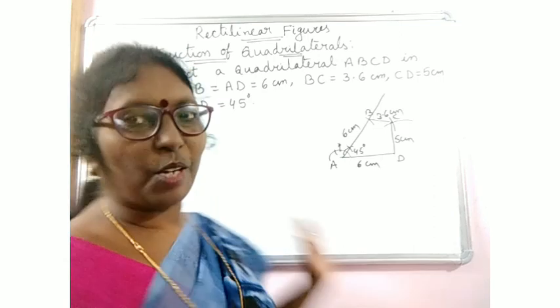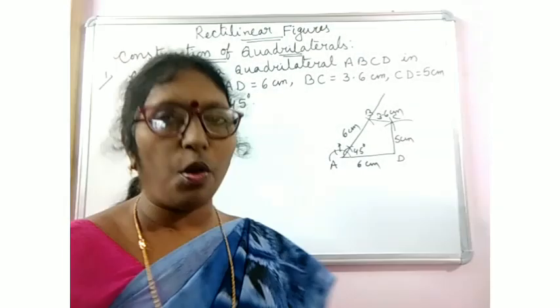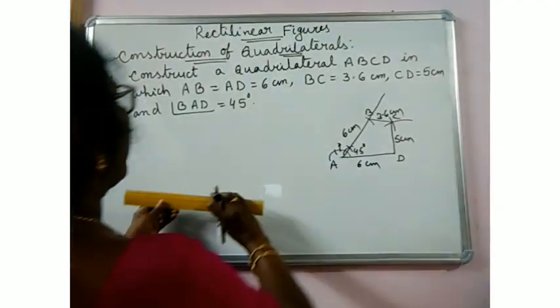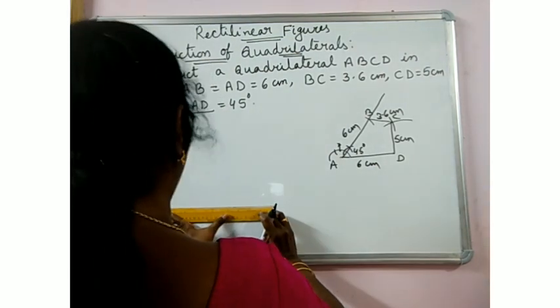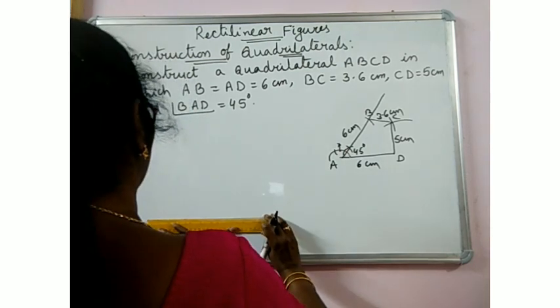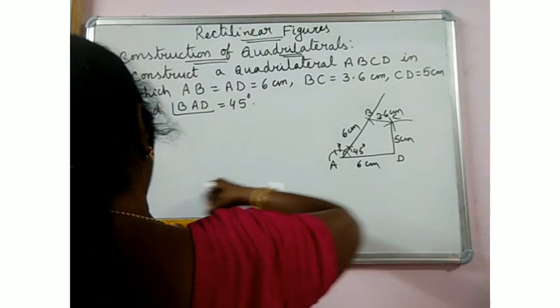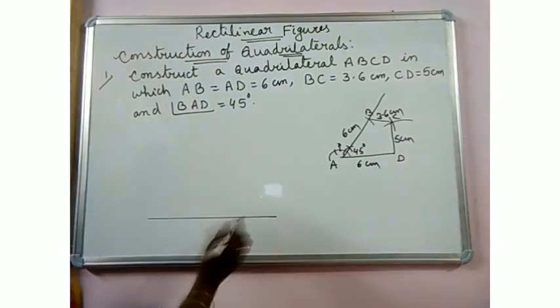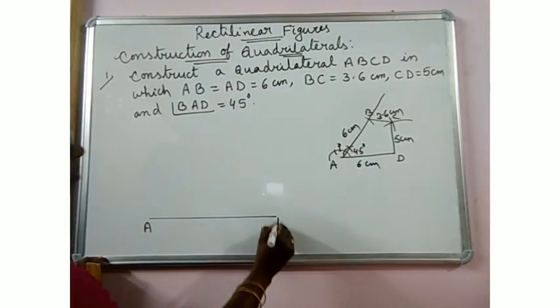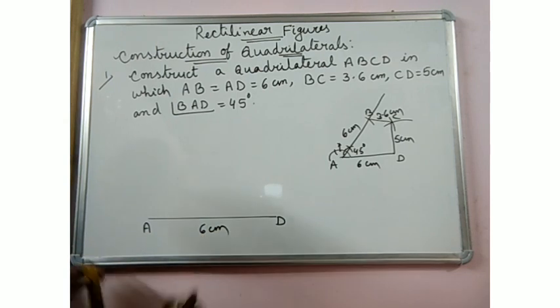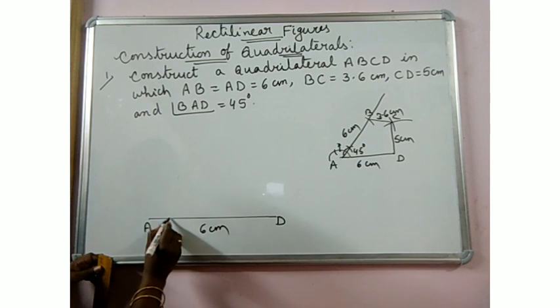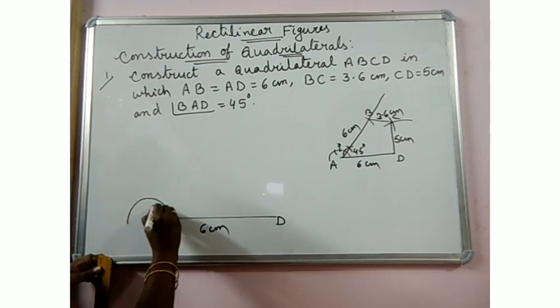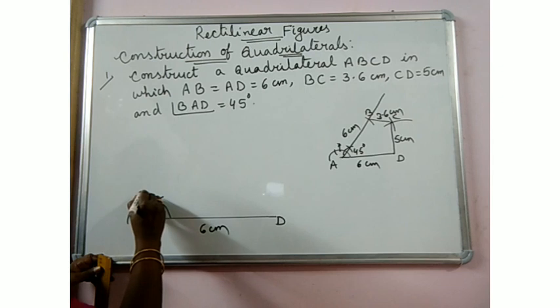Children, here also I cannot use the protractor, but I will give you a rough idea. We are taking AD as 6 cm, and angle BAD is 45 degrees. Taking A as the center, give an arc: 60, 120, 90 you are getting.